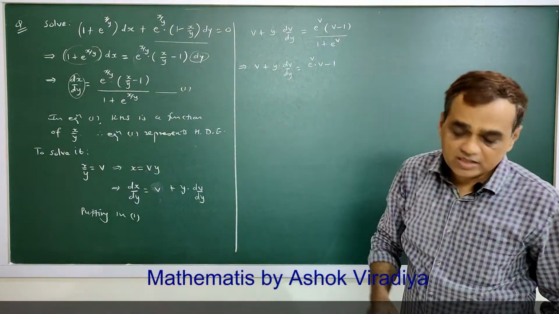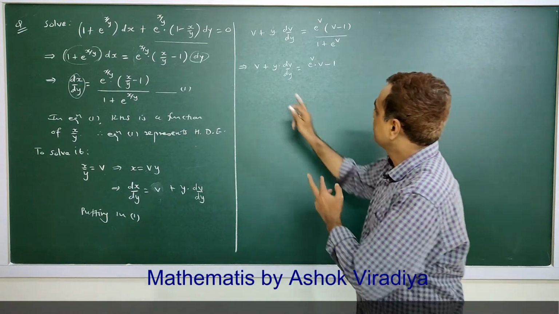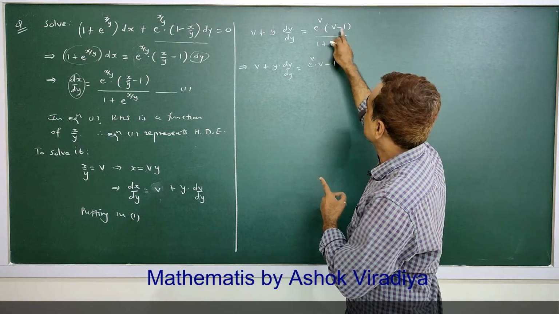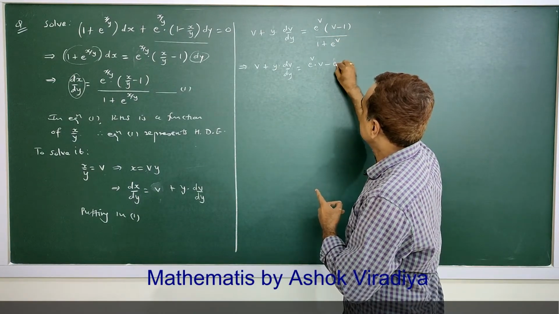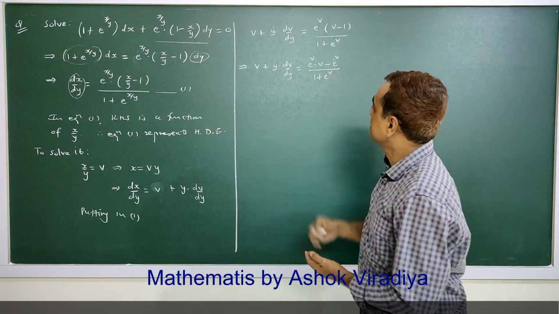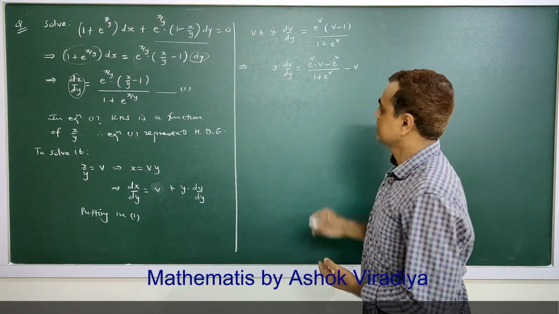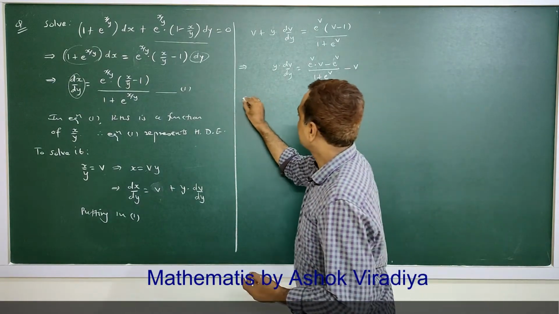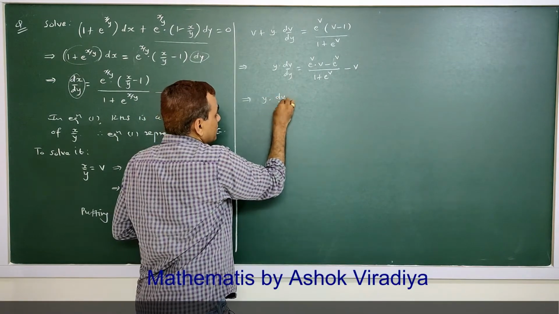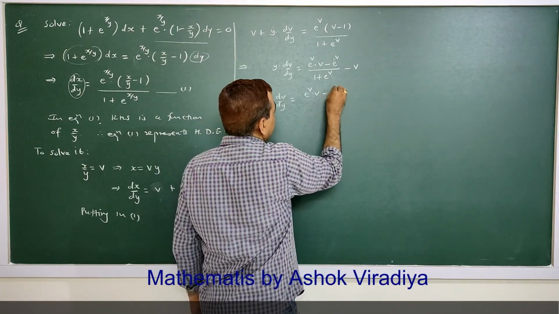Now what we do, this v I am shifting on this side, and here we are simplifying. E raised to v into v minus e raised to v into 1 is e raised to v upon 1 plus e raised to v. Now this v I am taking on this side, so it is minus v. Now simplifying the right hand side, y into dv by dy is e raised to v into v minus e raised to v.